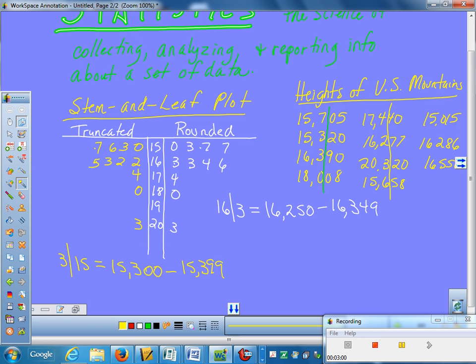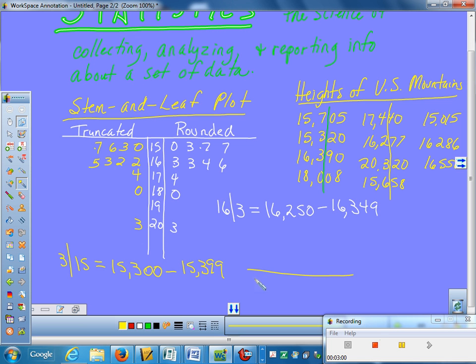I'm going to give you a lot of data in this chapter in a stem and leaf because it's quicker and easier to present it to you that way. Okay, that's a stem and leaf. The other cool thing is, if I took the stem and leaf and rotated it 90 degrees, wouldn't these numbers kind of be like a bar graph?